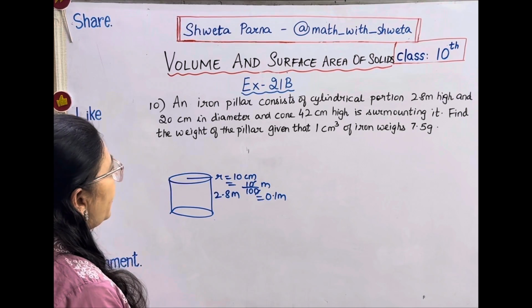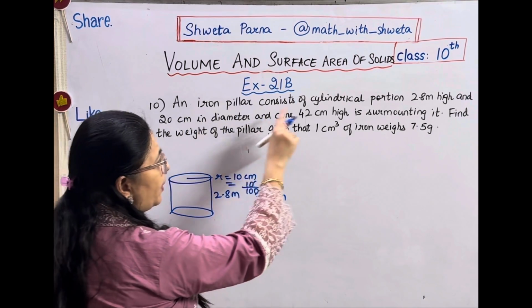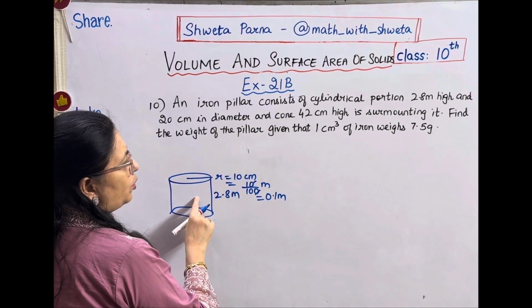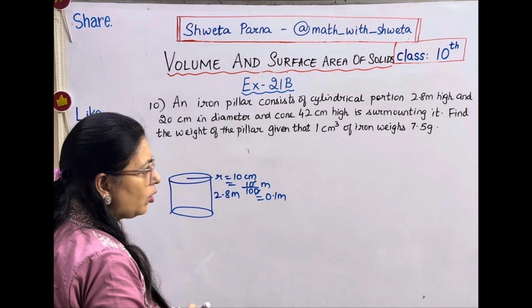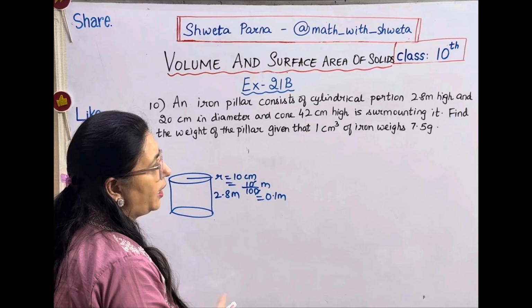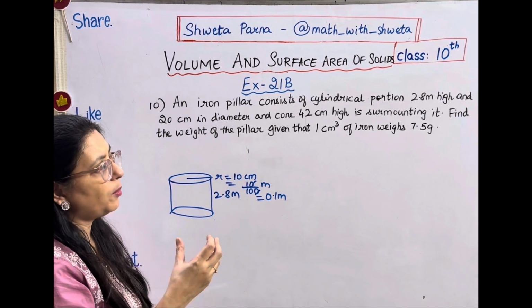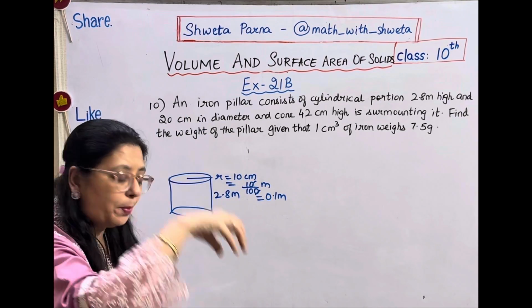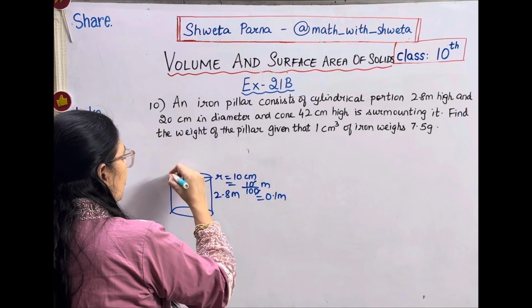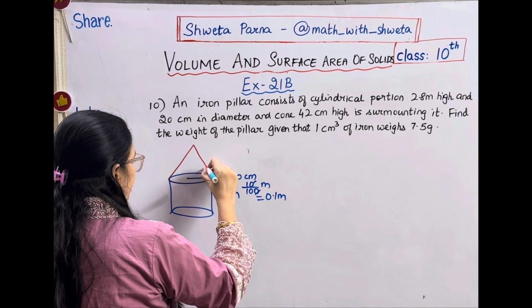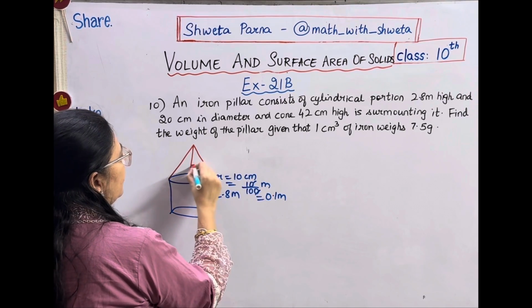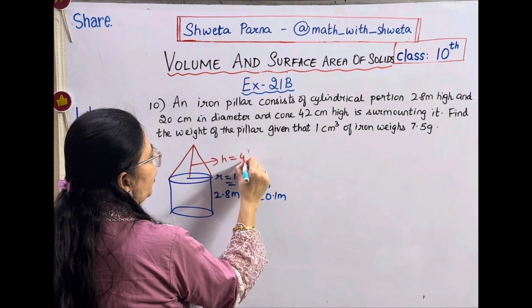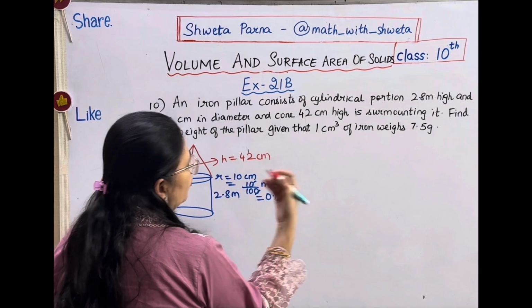Okay. And a cone. So the iron pillar consists of a cylindrical portion 2.8 meter high and 20 centimeter in diameter, and a cone 42 centimeter high surmounting it. Surmounting it means placed over it. So this is a cone which is placed over it. The height of the cone is given as 42 centimeter. So let's convert this.